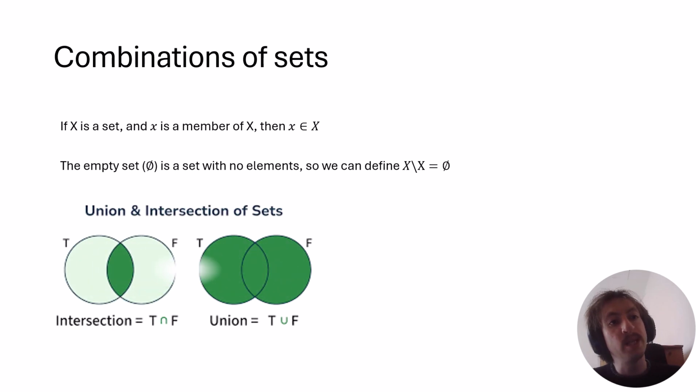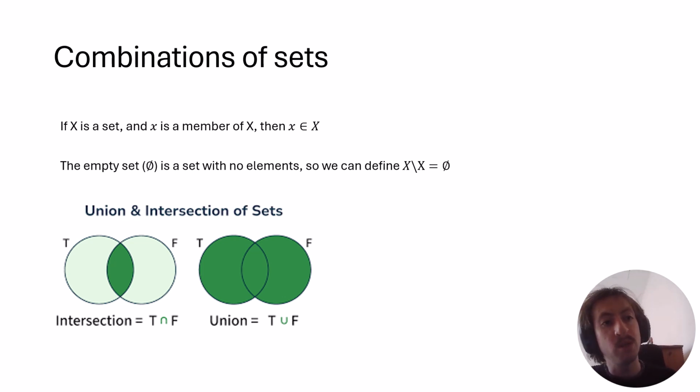And now to look at different ways of combining sets together, so different operations between them. It's important to consider these because sets come up all the time in mathematics, whether directly or indirectly, so this notation is very important.